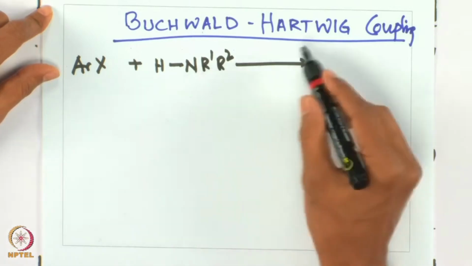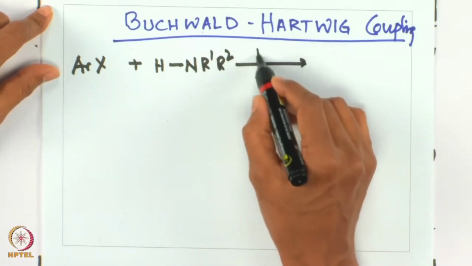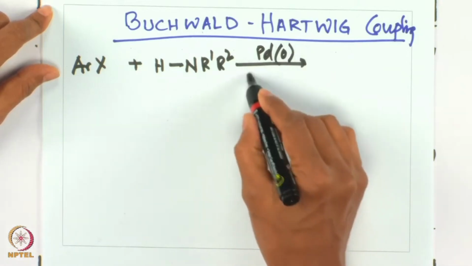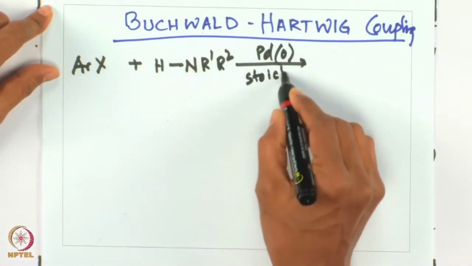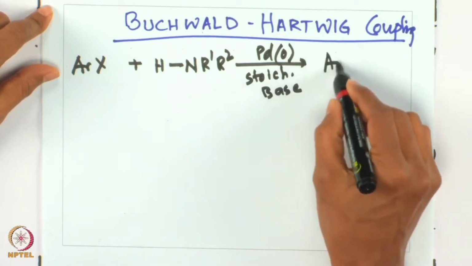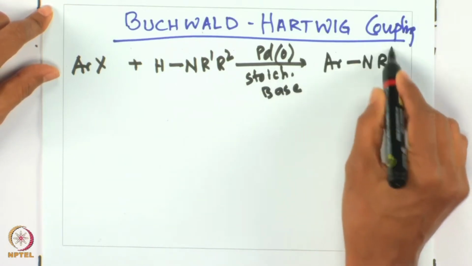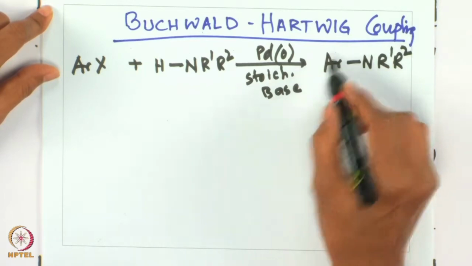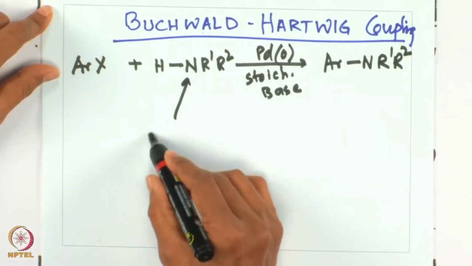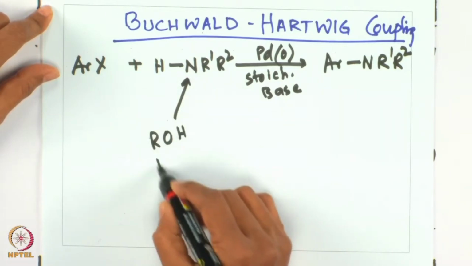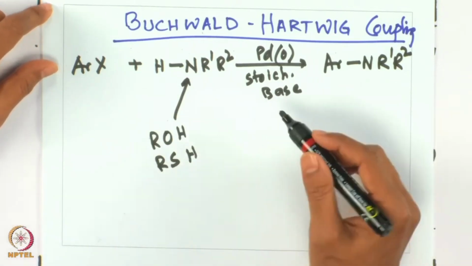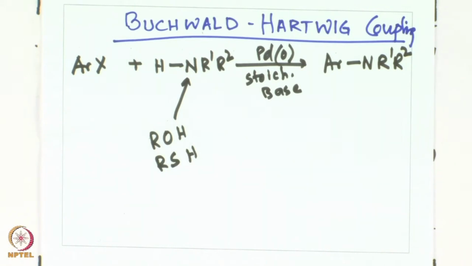So, two different R substituents, you can have a primary or a secondary amine, and a palladium 0, and a stoichiometric amount of base that is required for these reactions, and you get Ar-NR1R2. Of course, instead of amine one can have ROH, RSH, still it could be called the Buchwald-Hartwig coupling reaction.